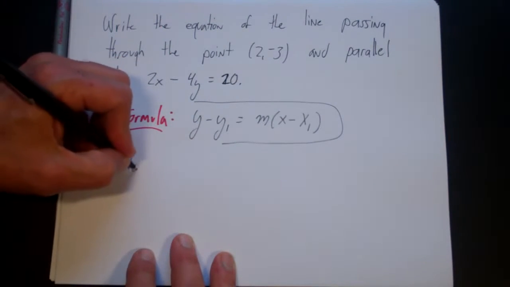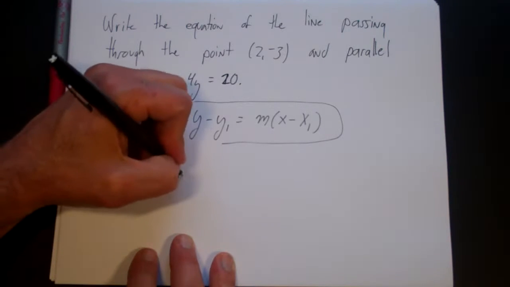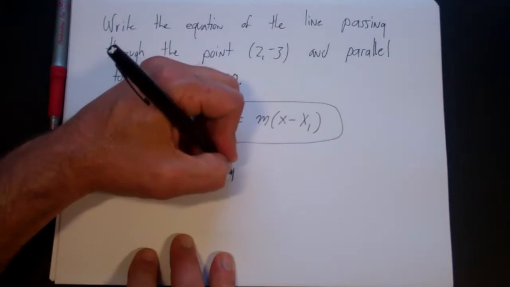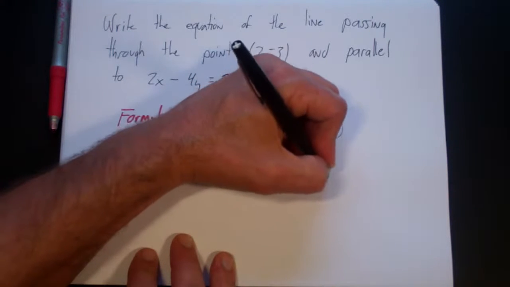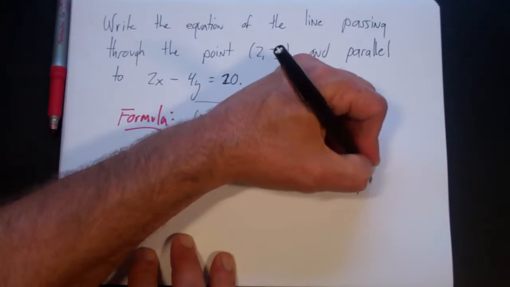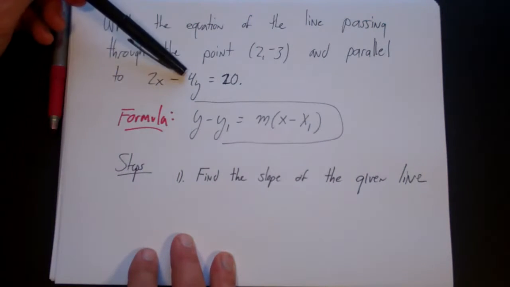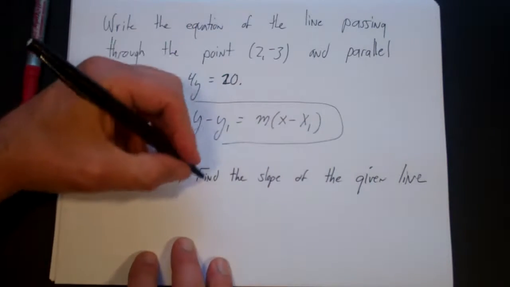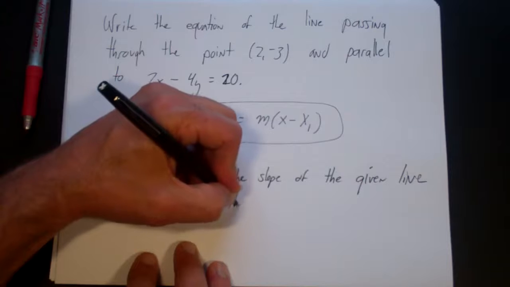So let's think about the steps to solve this problem. The first step is to find the slope of the line given. So in this case, the line given is 2x minus 4y is equal to 20, so we need to find the slope of that line. And 2, then we need to find the slope of the line that we want.